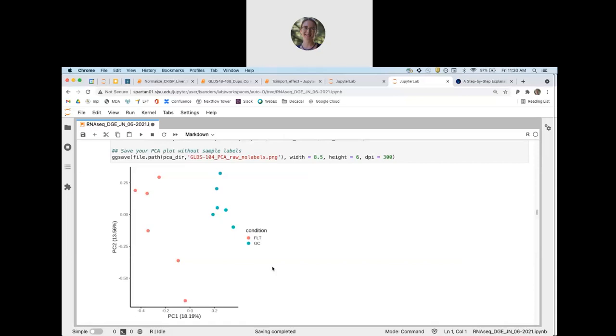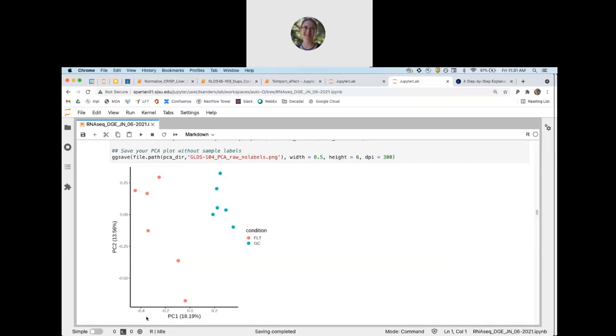So you are really interested in the difference between these two conditions. So when you look at this plot, you really want to see, is there a difference? Do I see a difference between the two conditions? And you absolutely do. There's a huge gap. As Hannah-Lee pointed out, you can actually draw a line to separate the flight from the ground control.